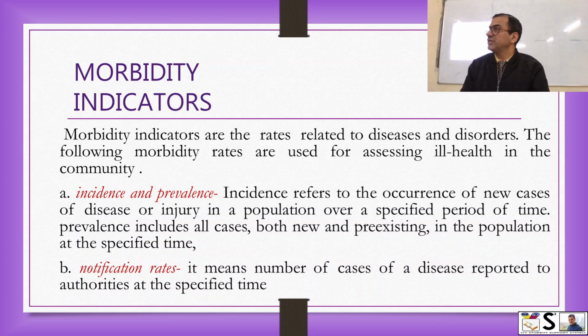So what is the notification rate? So notification is specially for the communicable diseases, and a notifiable disease depends upon the higher authority, and it varies from area to area.